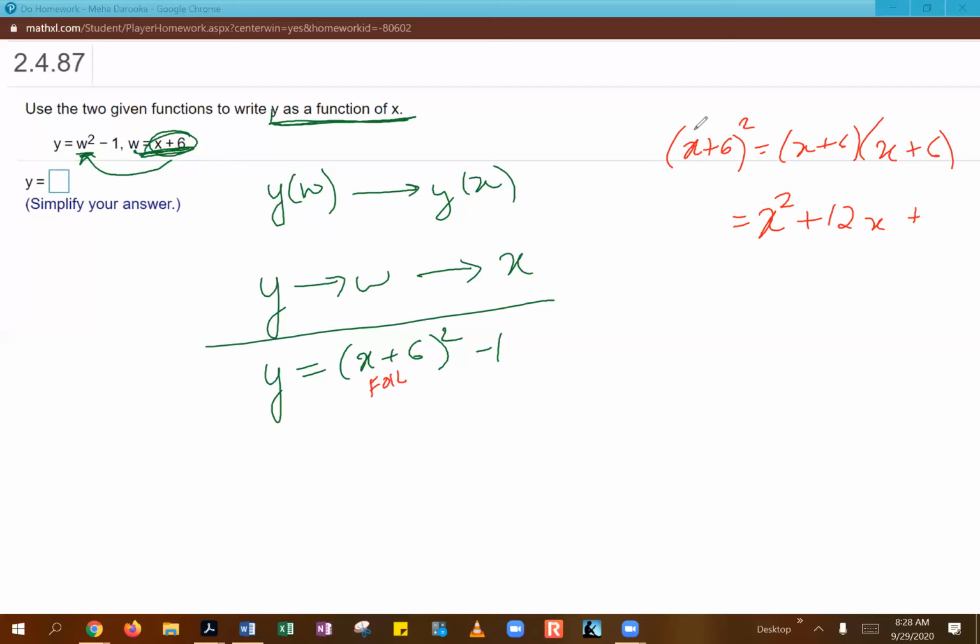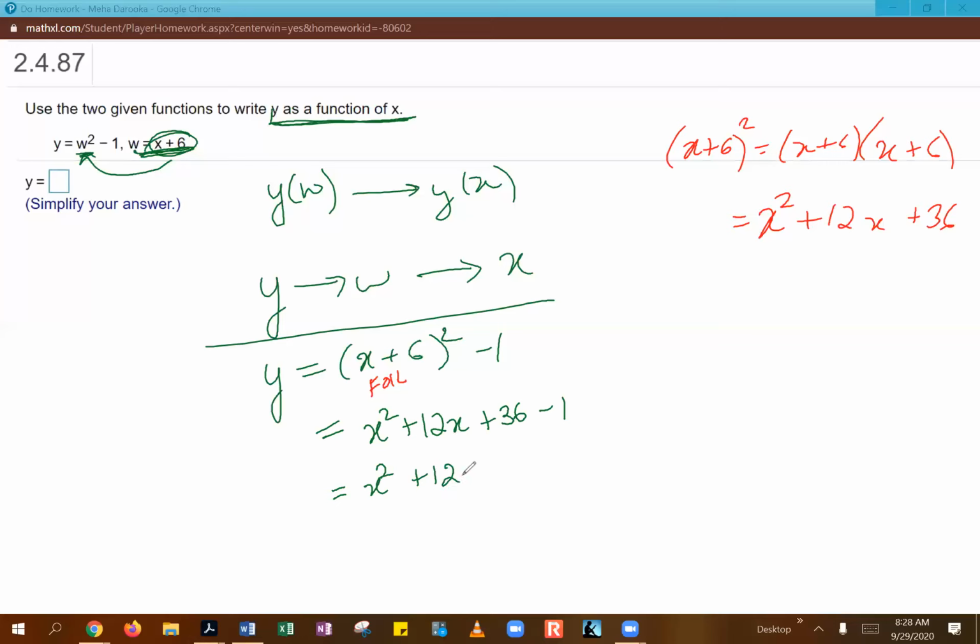And of course, 6 times 6 will give us 36. So when we come back to our problem over here, you will end up with x squared plus 12x plus 36. And that minus 1, when you combine those terms together, that's where that 35 is coming from.